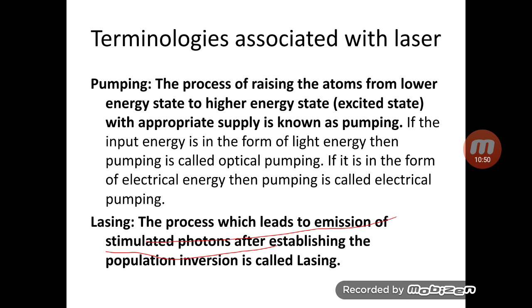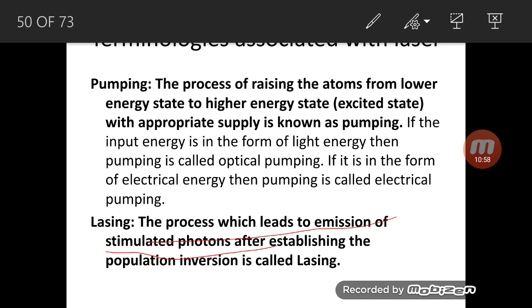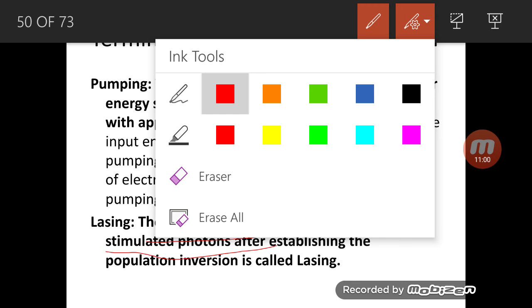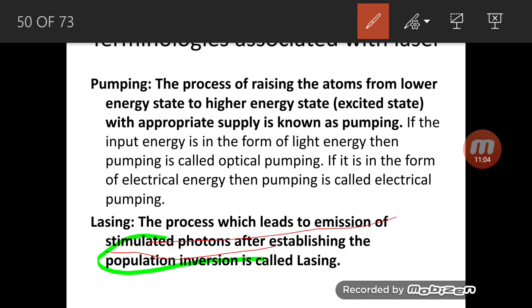Lasing is the process in which the emission of stimulated photons takes place after establishing population inversion. I will explain this population inversion in a later part. So lasing is the process of obtaining the stimulated photons.